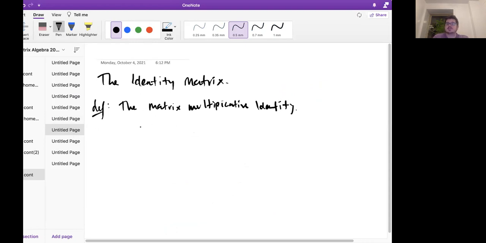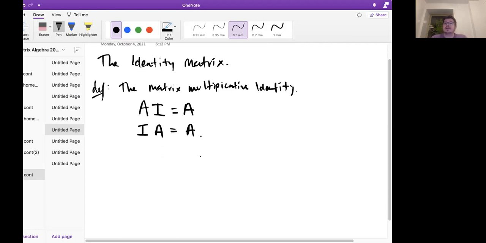So it's the matrix such that when you multiply by it, you don't change the matrix. So that's the definition of the identity matrix, the multiplicative identity matrix. All right, so if that's our definition, what are some consequences for the dimension?